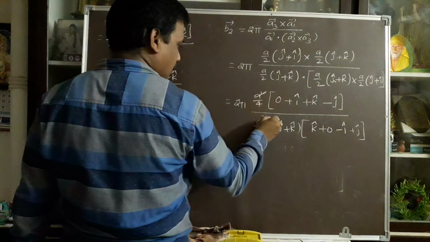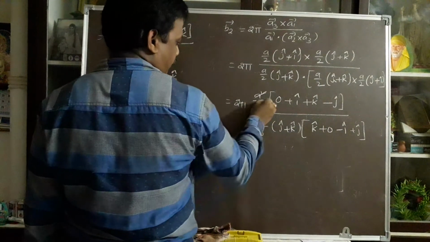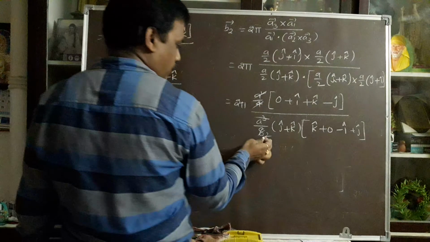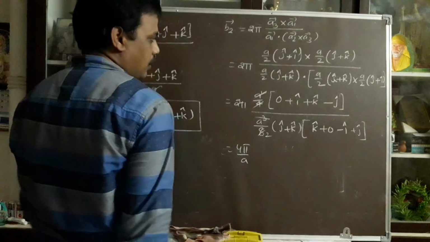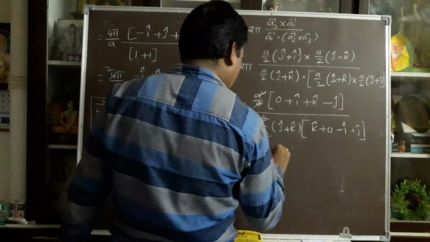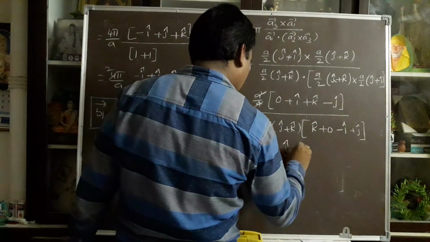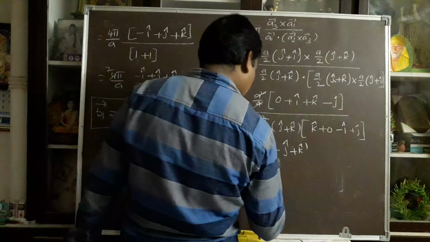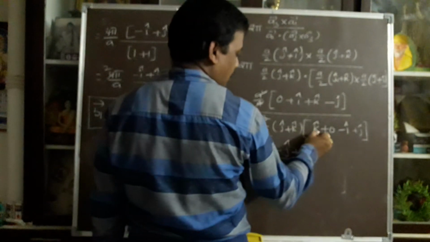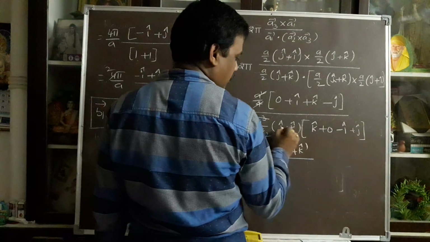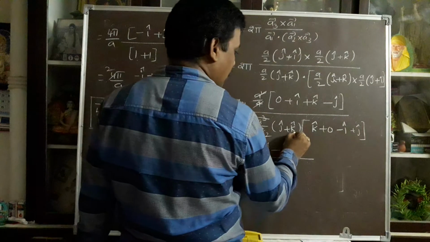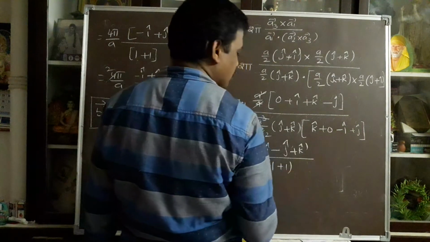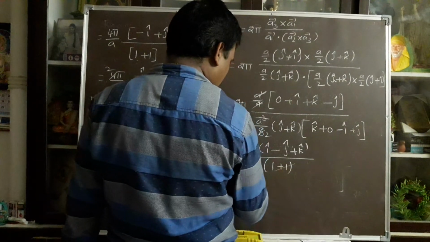So a square cancels, 4 in terms of 2, 2 goes to the numerator, and you get 4 pi by a into, in the numerator, i cap minus j cap plus k cap, divided by: j bar dot k bar is 0, j bar dot i bar is 0, j bar dot j bar is 1, k bar dot k bar is 1, 1 plus 1 is 2.